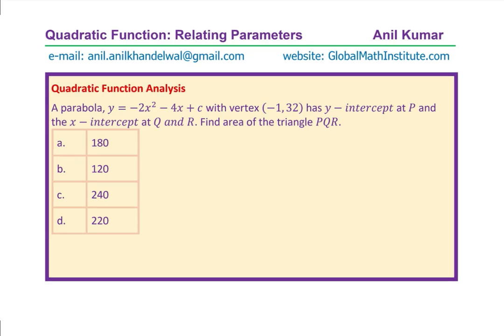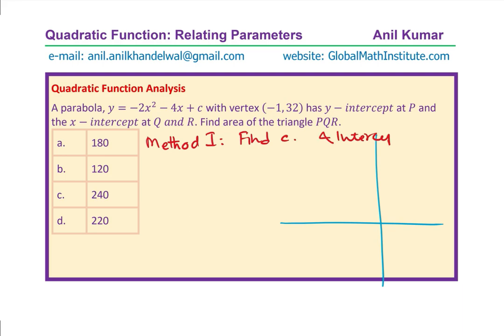As we have seen just now, we could use either of the two methods. You get the idea? Let me summarize. We used method 1, which was to substitute the value, find c, and find the intercepts. And then we used method 2, in which we applied the vertex form, and then found the intercepts. Perfect. So both the methods work out very well.